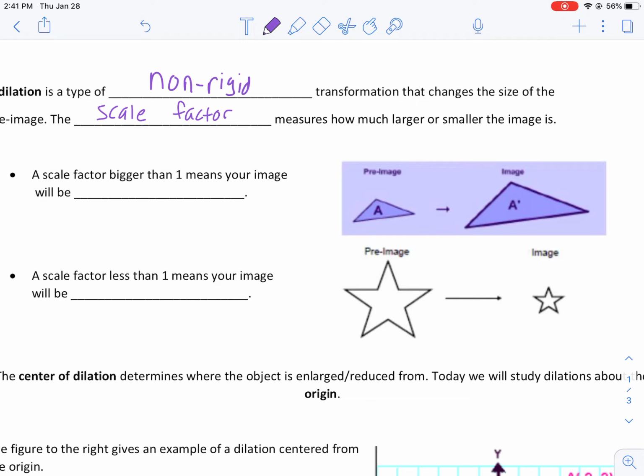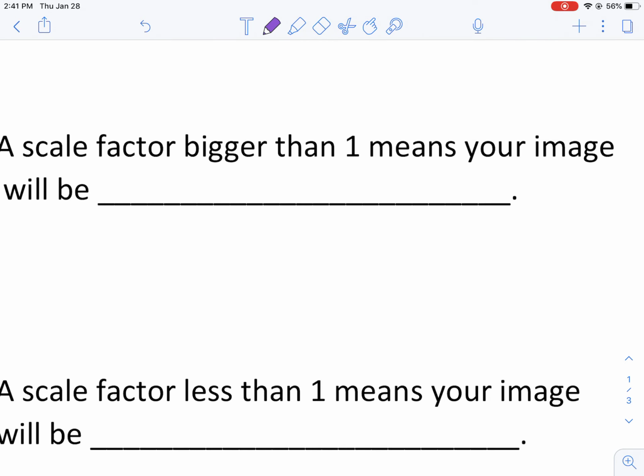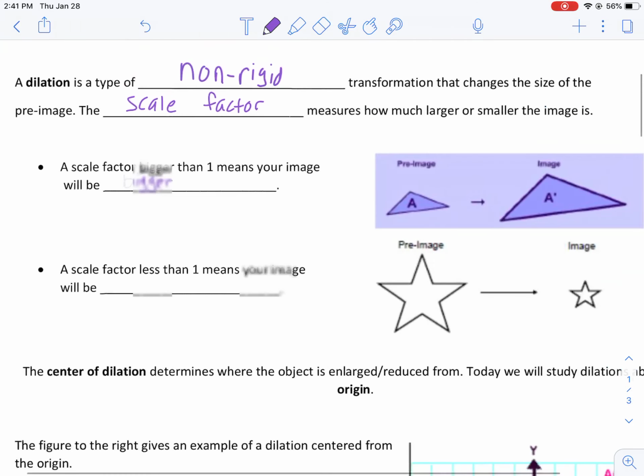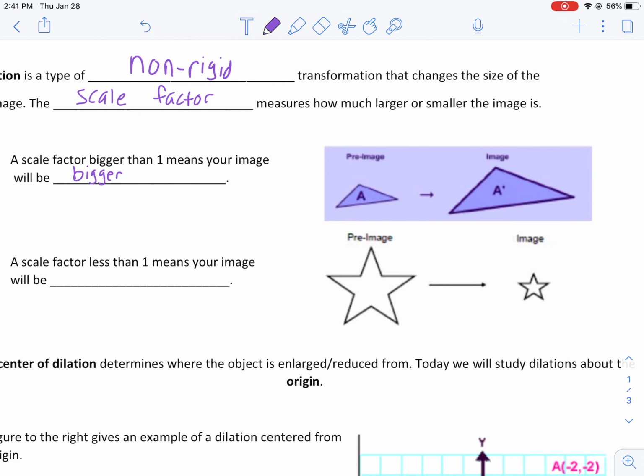So a scale factor bigger than 1 means that your image will be bigger than your pre-image, all right?